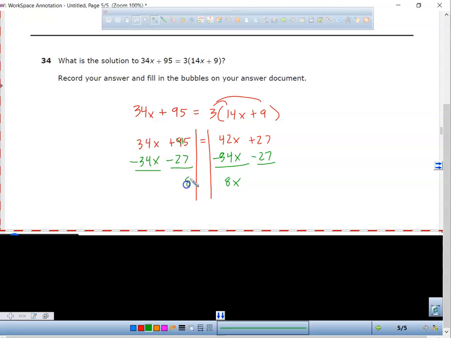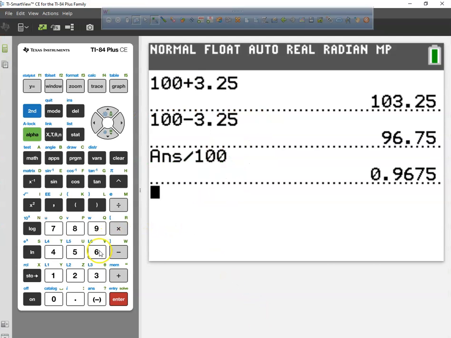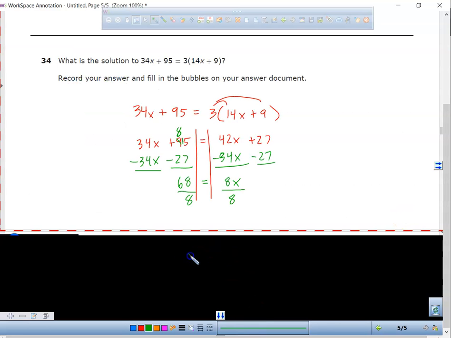That makes it 8x equals 68. Then we just divide both sides by 8. So 68 divided by 8, and what do you get? 8.5. That's your answer. So x was equal to 8.5. That would be the answer that you would bubble in.